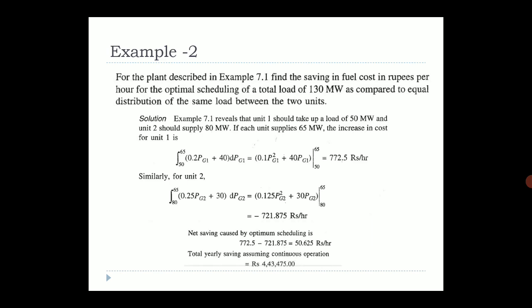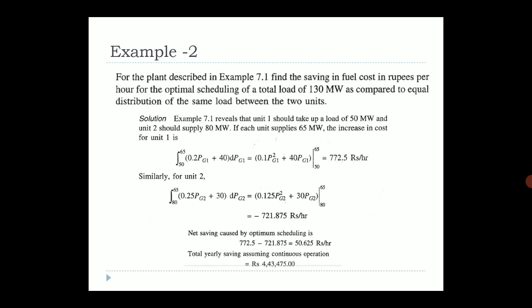So you can see, if the two generators work together with the same amount of power, it is not economical, because you have to spend 56 rupees per hour more.